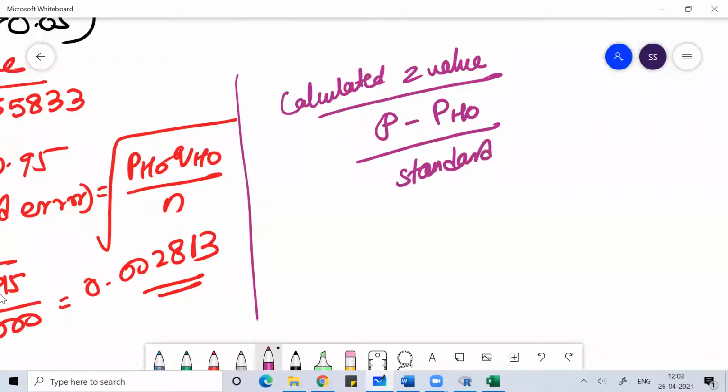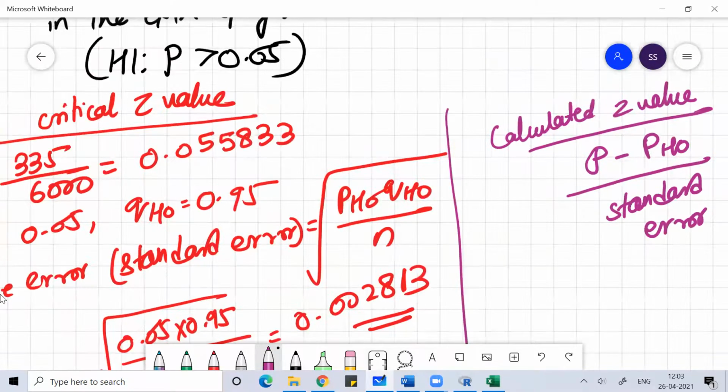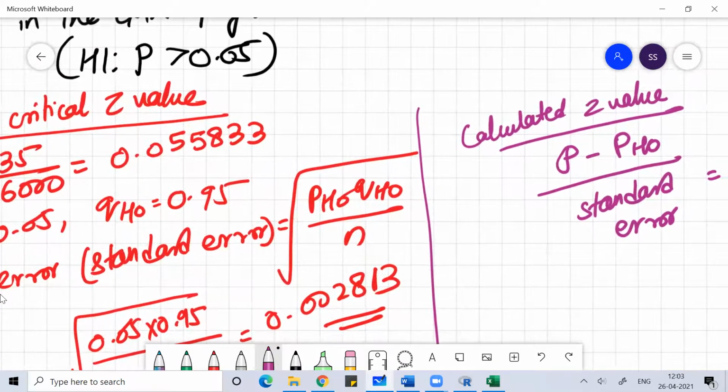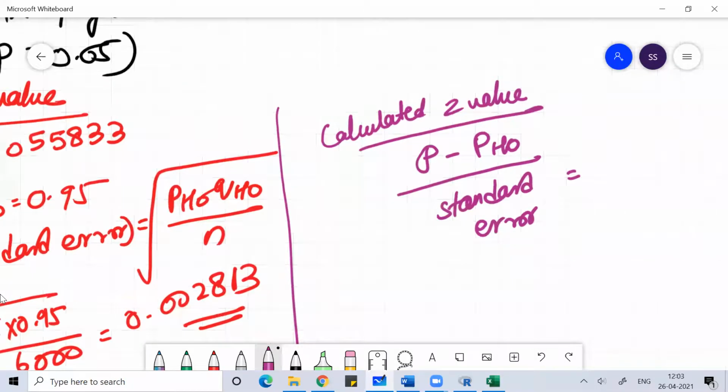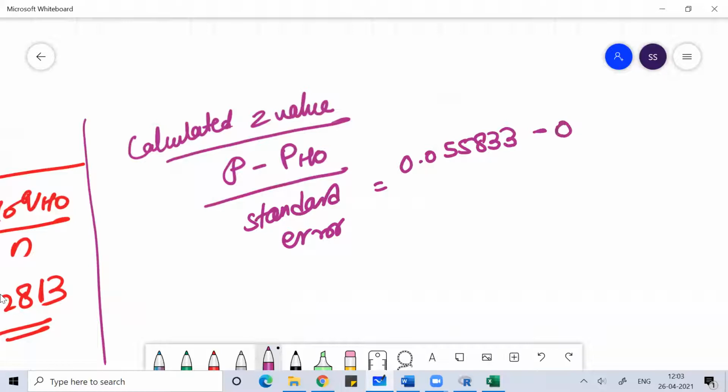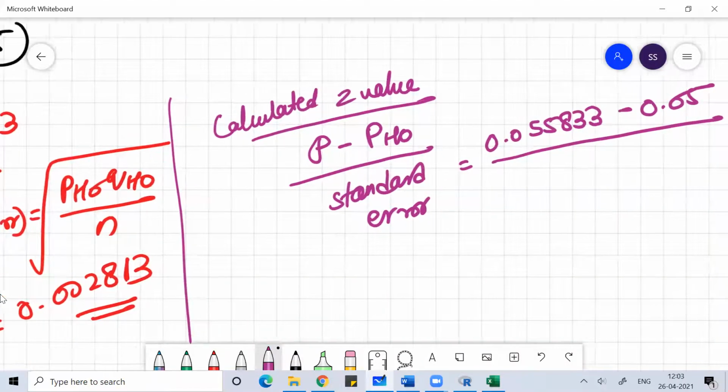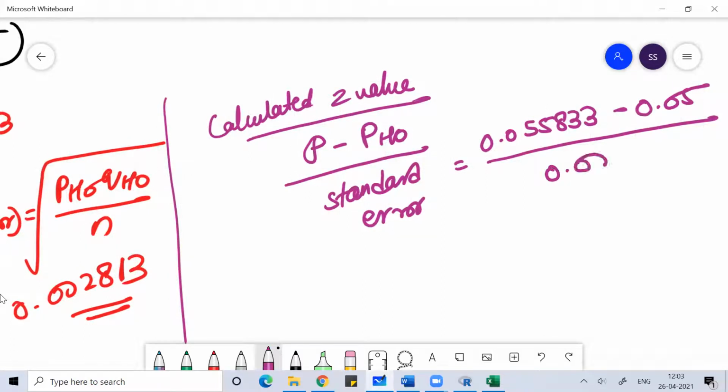The sample proportion was 0.055833, minus 0.05, divided by the standard error 0.002813. So that will give you the calculated Z value.